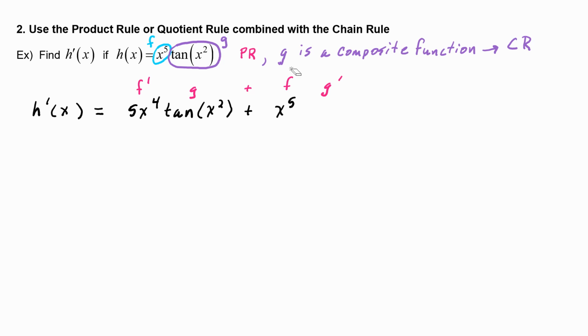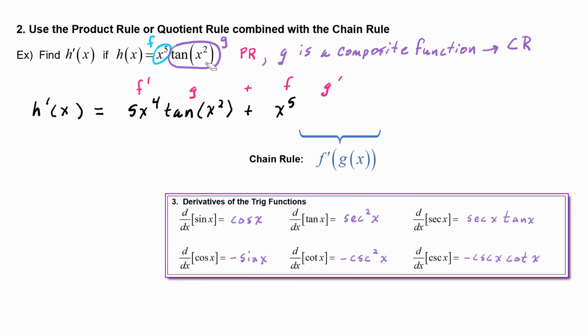Then f is x to the fifth, and we have to take that times g prime. Now remember, we said g is a composite function, so that tells us we are going to have to use the chain rule there. So the outer function here is that we have the tangent of some stuff. So when we do f prime of g of x, we have to do the derivative of tangent of some stuff, which we know is secant squared of the stuff.